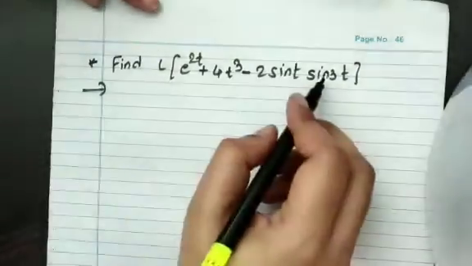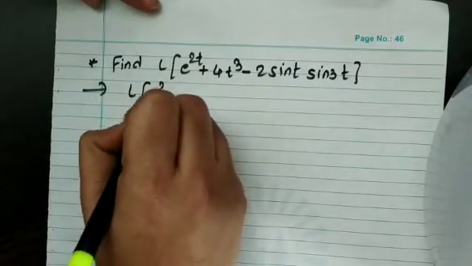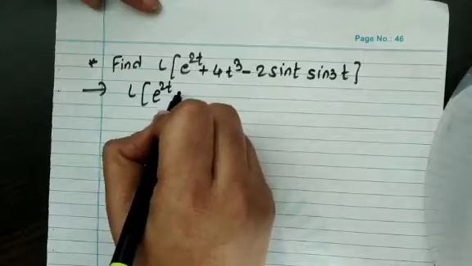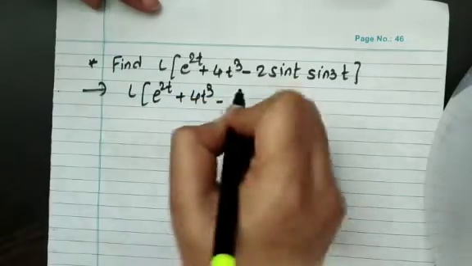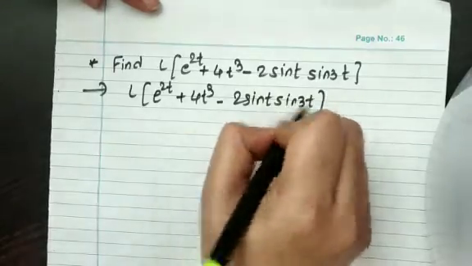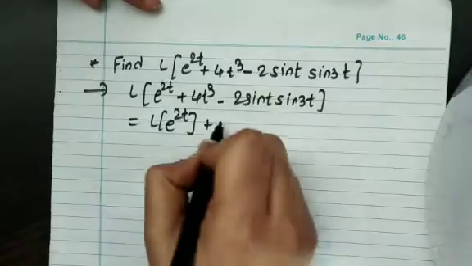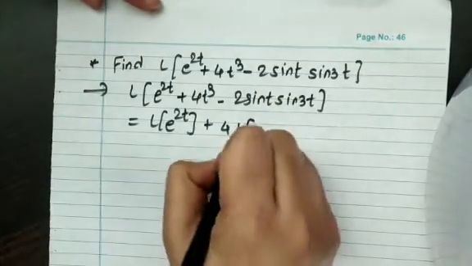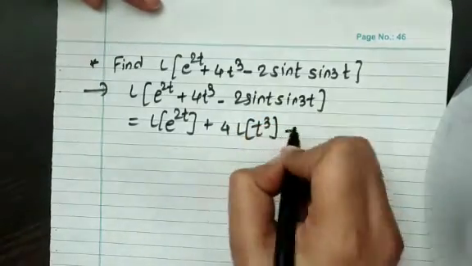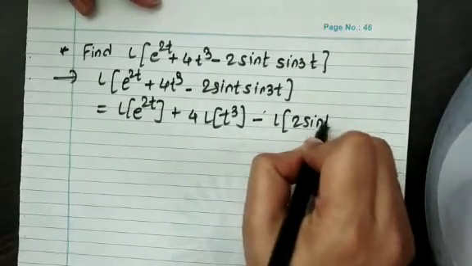All are plus or minus, so we'll separate them. So Laplace of e raised to 2t plus 4t cube minus 2 sin t sin 3t is equal to, first, Laplace of e raised to 2t plus 4, a constant outside, Laplace of t cube minus Laplace of 2 sin t sin 3t.